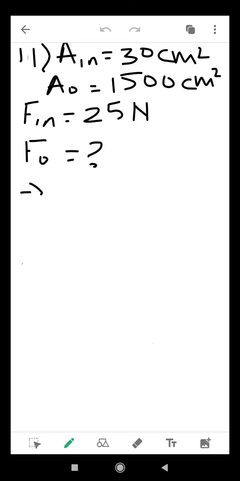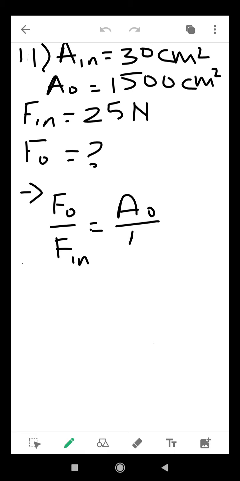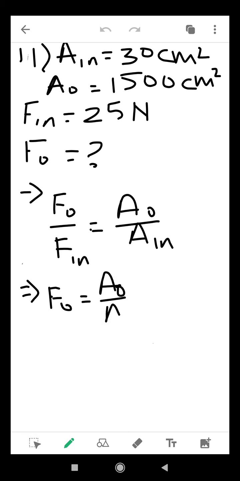This can be solved using Pascal's law. You know the formula, that F out upon F in is equal to A out upon A in, and therefore F out will be equal to A out upon A in into F in.